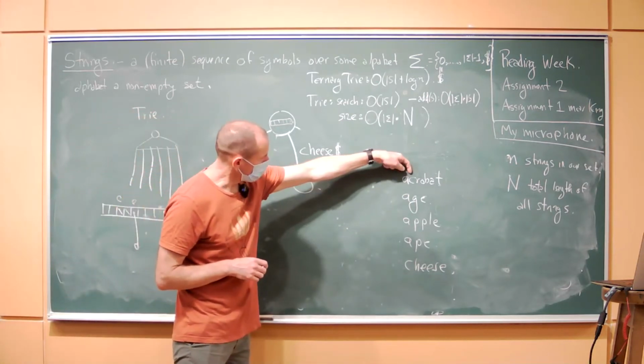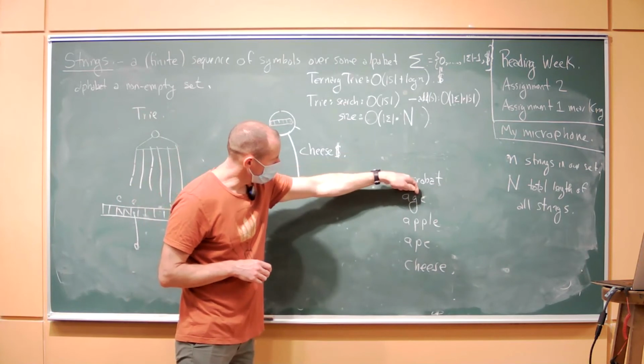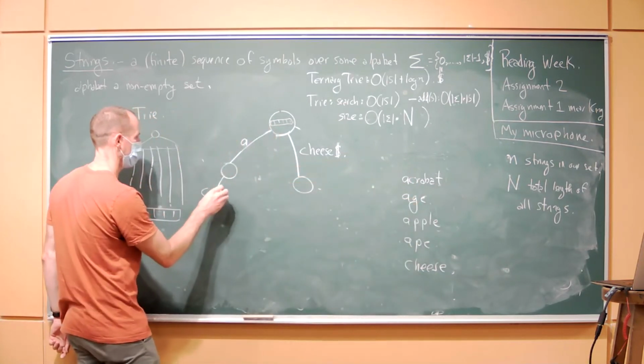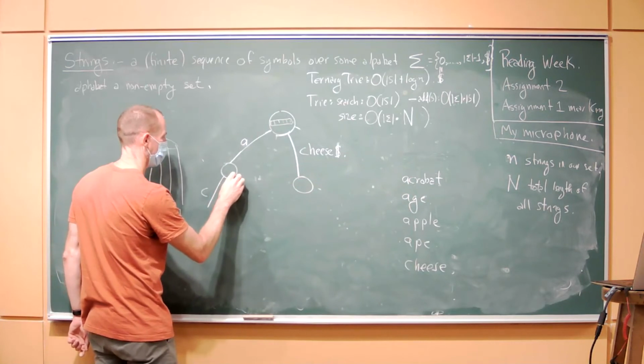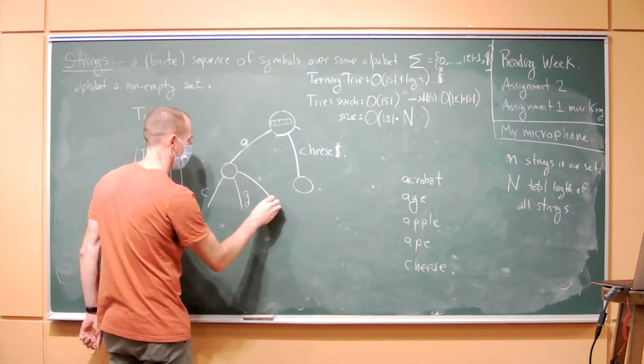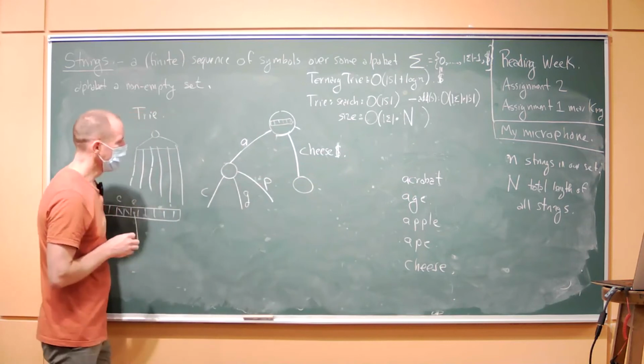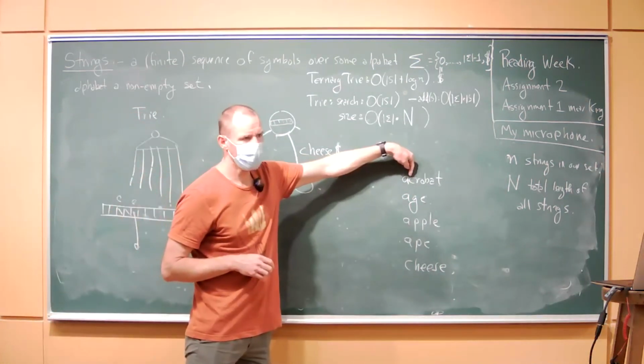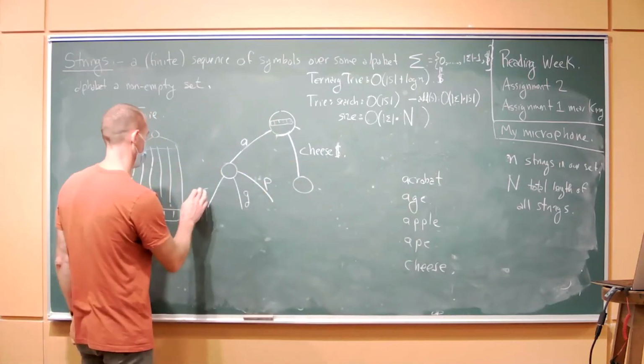Now, for second letters of these A things, we have a C, a G, and a P. Well, for the C, we only have one thing, so we might as well put the whole label there.